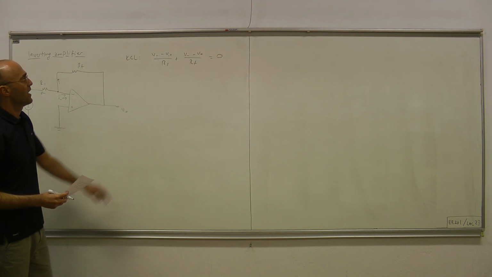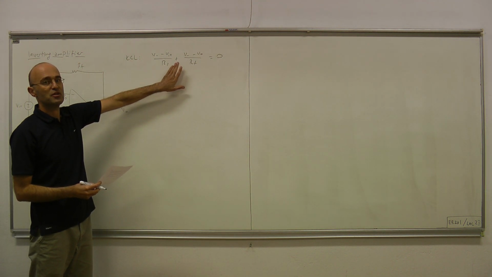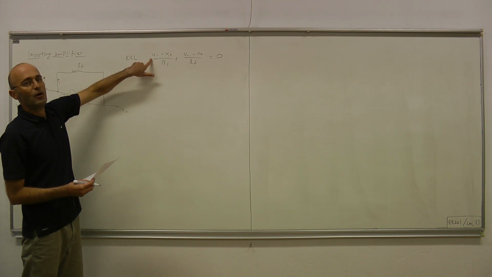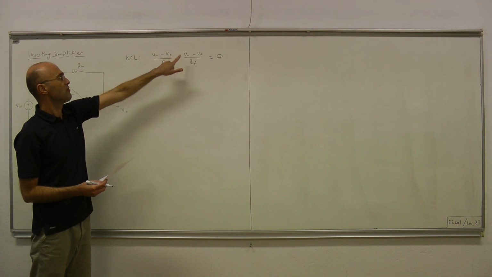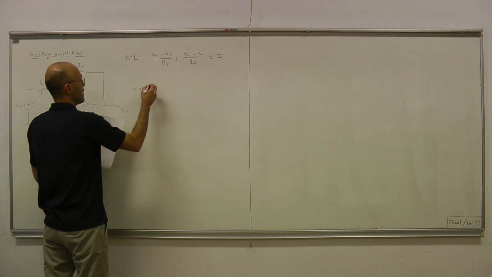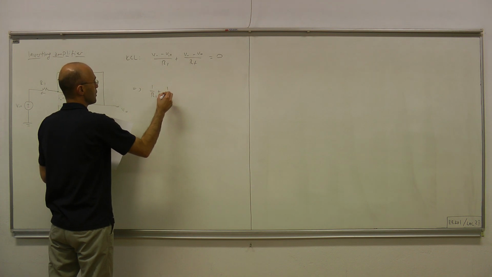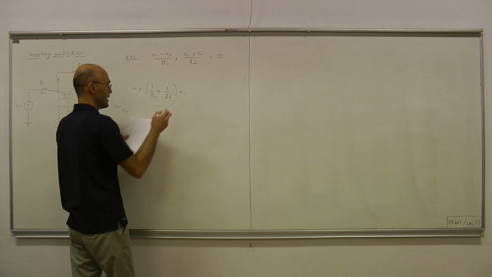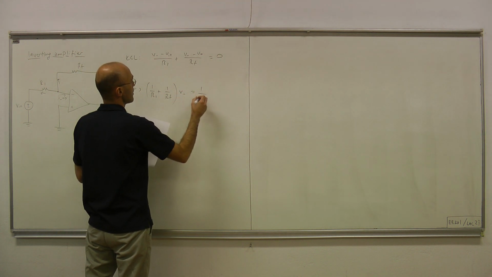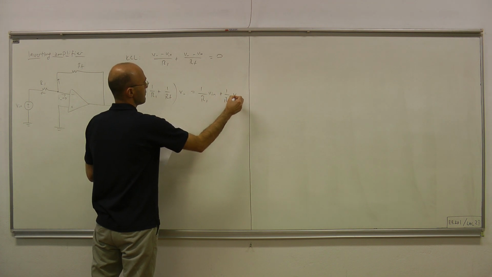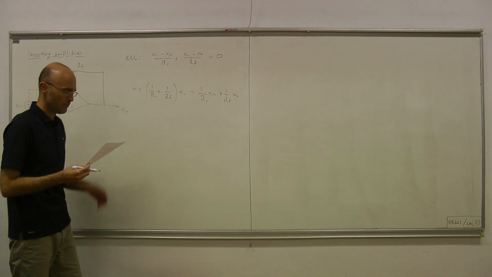From this KCL expression, we can clearly obtain V minus as a function of V in and V out. So let's do that. 1 over R1 plus 1 over RF, times V minus, equals 1 over R1 V in plus 1 over RF V out.